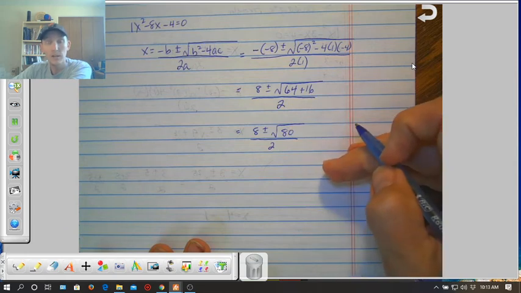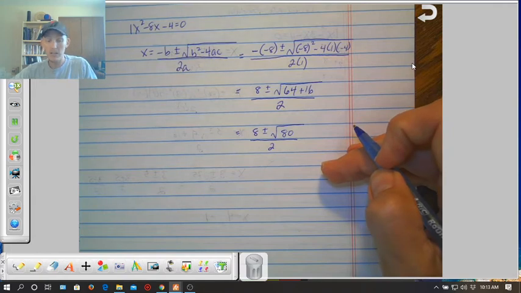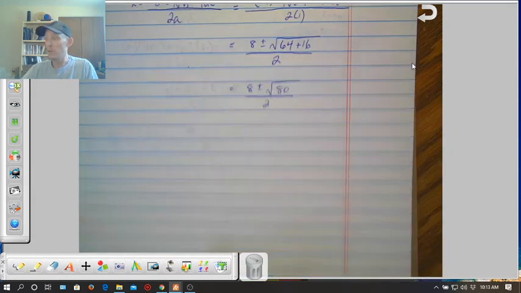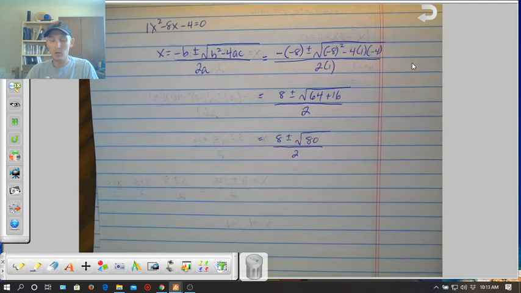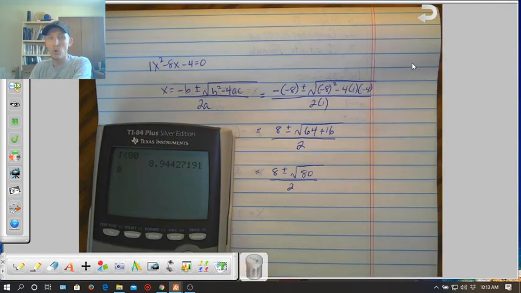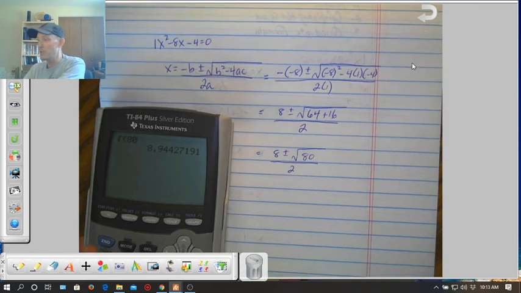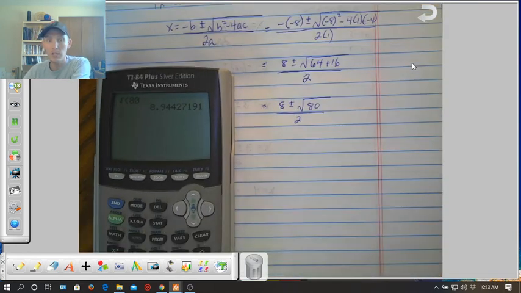I need to find whatever perfect square I have inside of 80, because the square root of 80 is not a perfect square. So this is not going to work out as nicely as it did on the first example. This answer is going to have a radical in it.